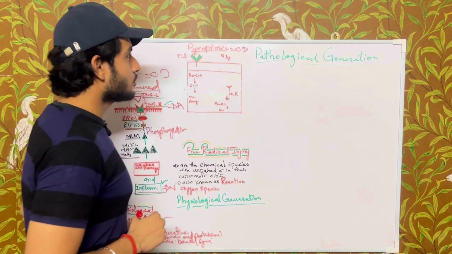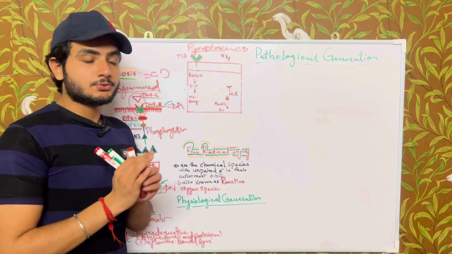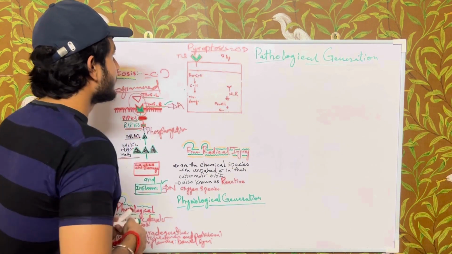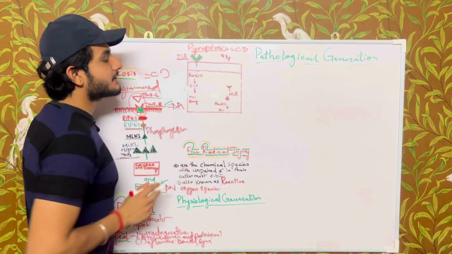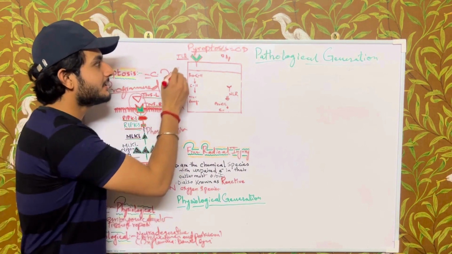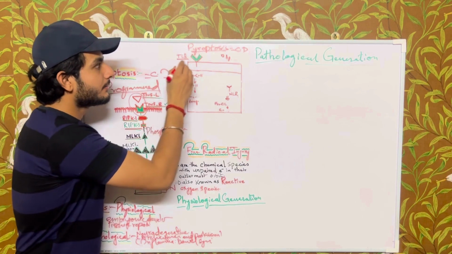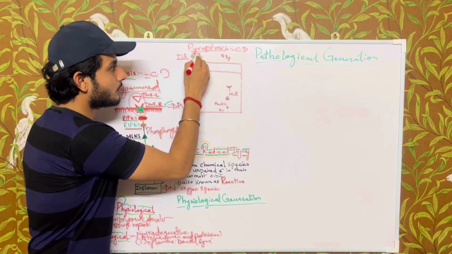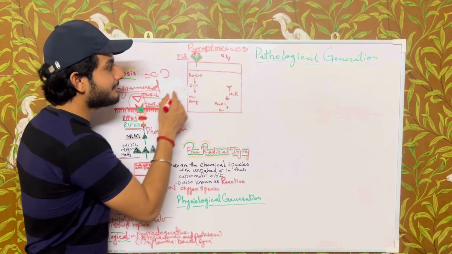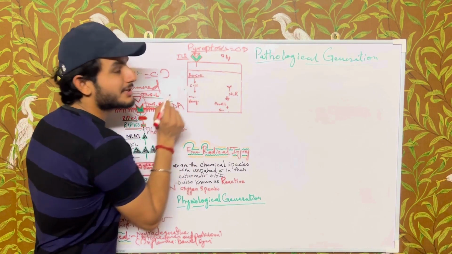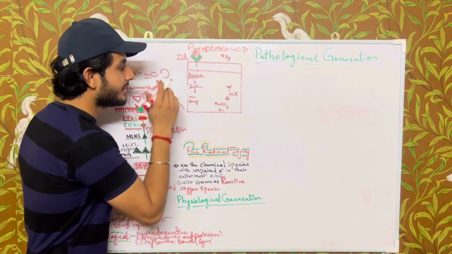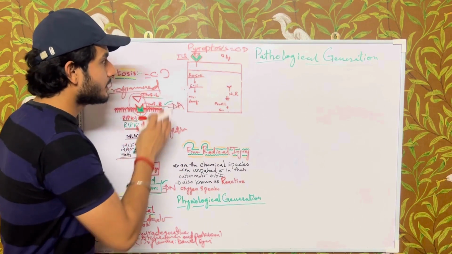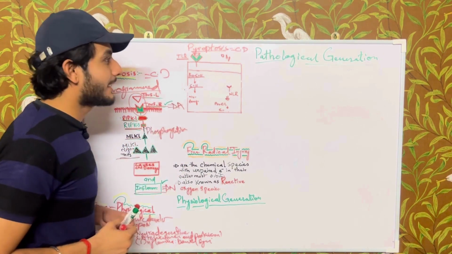This pyroptosis occurs in two ways. Firstly, in the first way, what happens? Toll-like receptors are activated. When these toll-like receptors bind with their ligand, this causes the activation of pro-caspase 11 into caspase 11. This caspase 11 further causes nuclear damage. So this was the first way through which pyroptosis occurs.